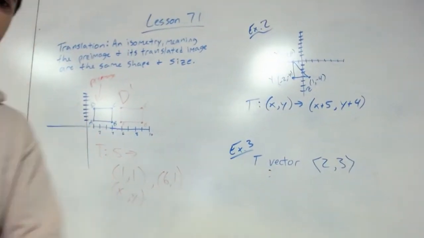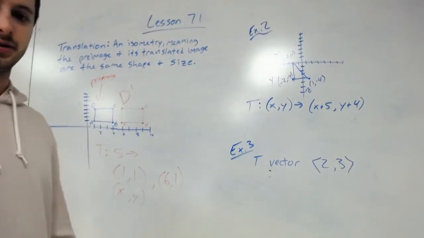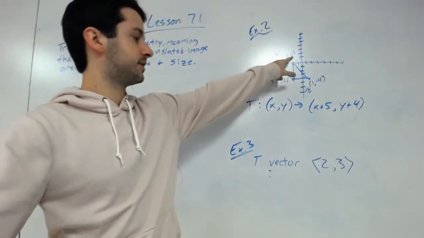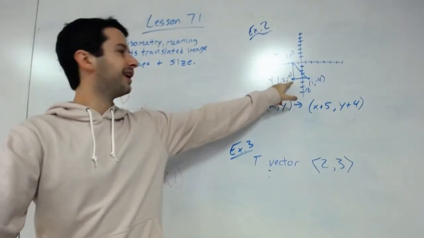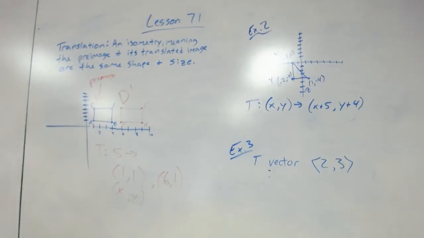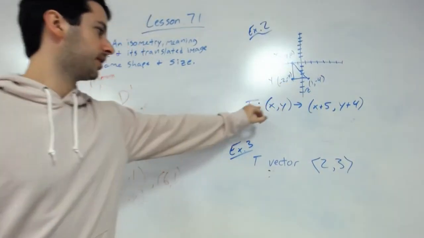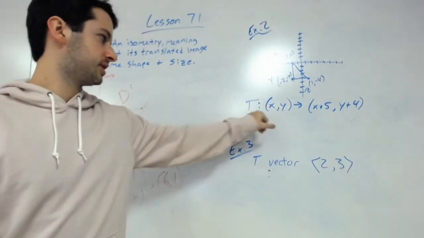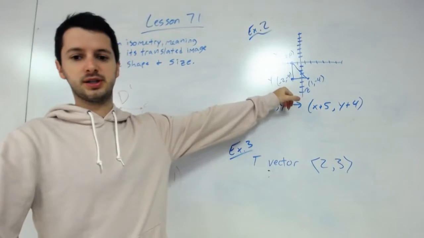So now looking at example 2, it gives us a triangle at coordinates -2, 0 for X, -2, -4 for Y, and 1, -4 for Z. It gives us those coordinates. And then it says translate this pre-image, T standing for translation, X and Y meaning your original coordinates in the pre-image.